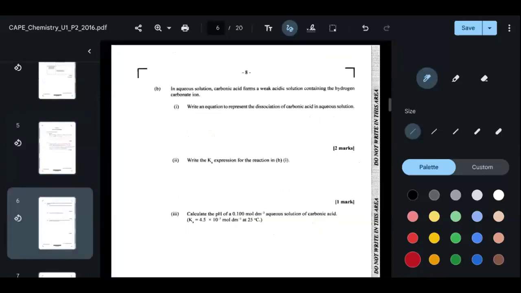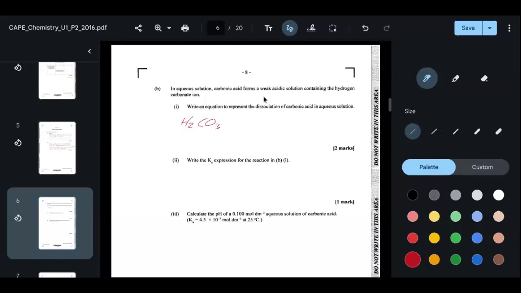All right, calculation time. In aqueous solution, carbonic acid forms a weak acidic solution containing the hydrogen carbonate ion. Write an equation to represent the dissociation of carbonic acid. What's the formula for carbonic acid? H2CO3.